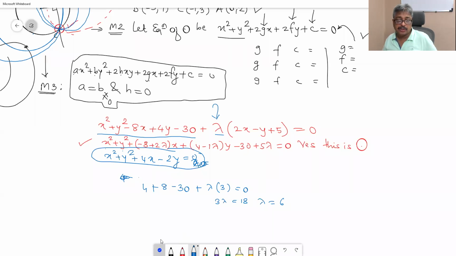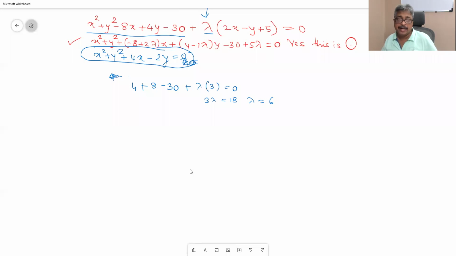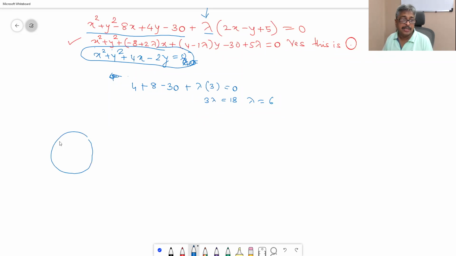Just to confirm whether you have understood this method or not, let me give you a circle and let me give you a line. One thing I want to make clear is that even in two-dimensional geometry, if you have a circle like this and a line like this, we will say that there are 2 points of intersection of this circle and this line, and those 2 points of intersection are imaginary.